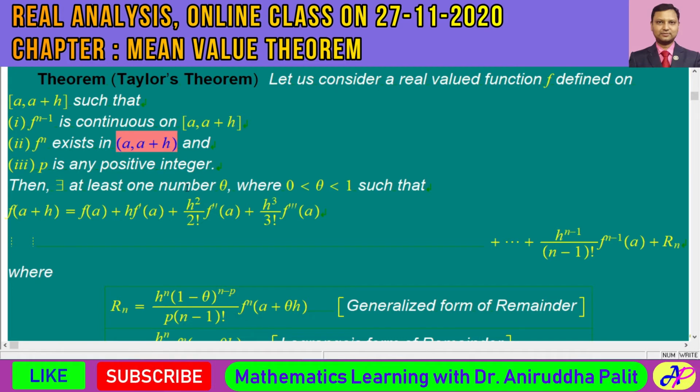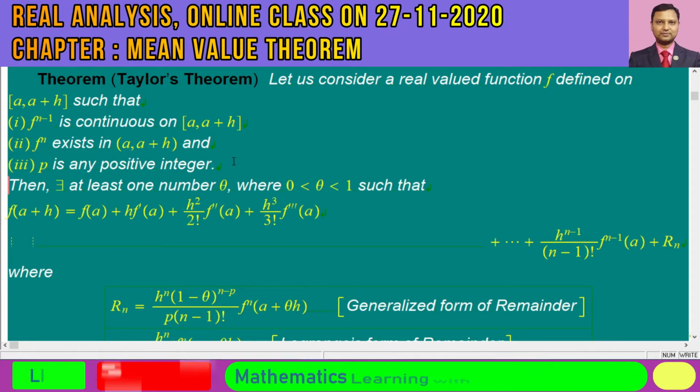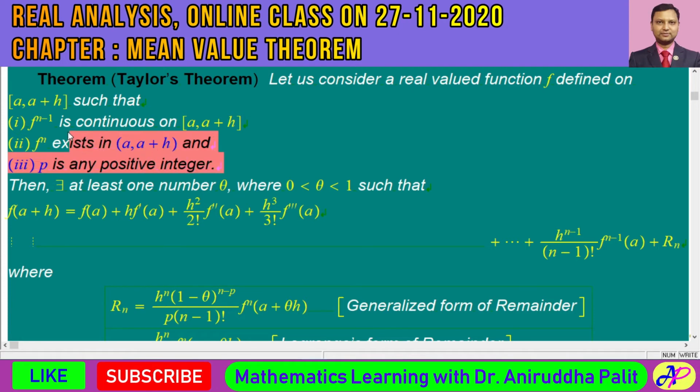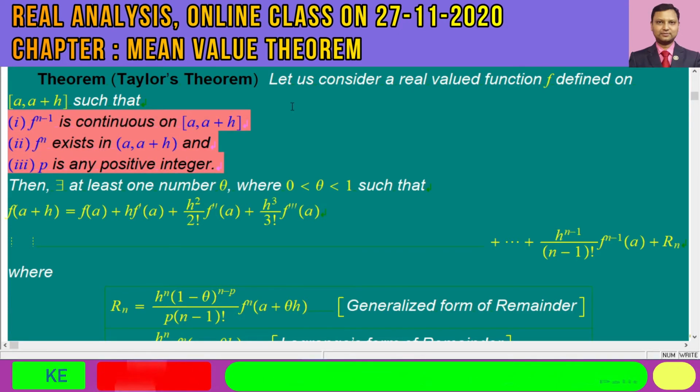Along with that, we consider a positive number p, a positive integer particularly. These are the three criteria of this theorem.